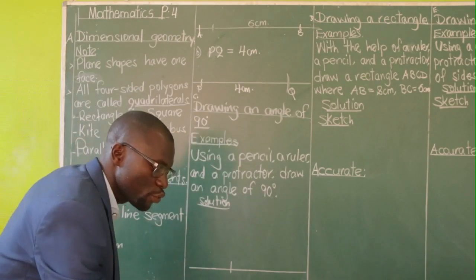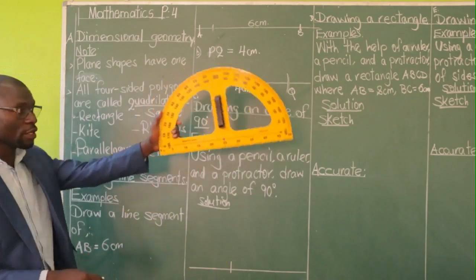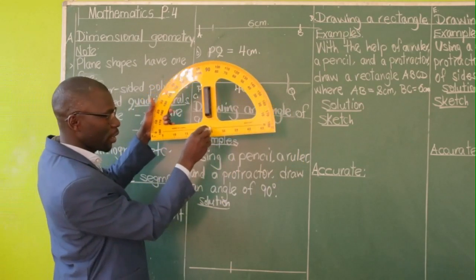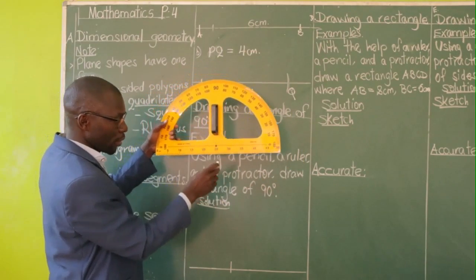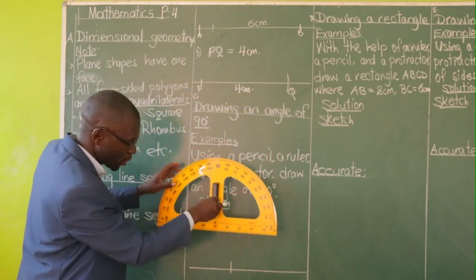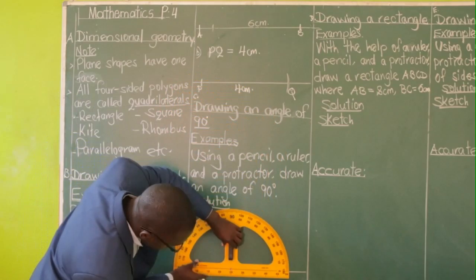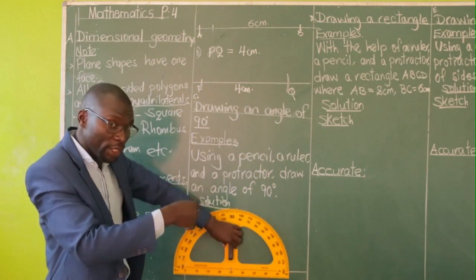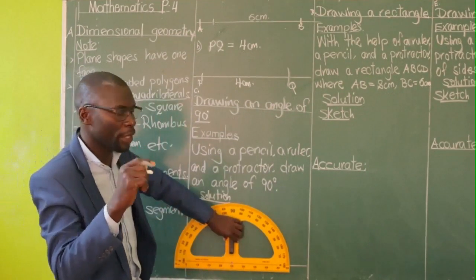Because we are going to draw, we shall not use a pair of compasses, we are going to use a protractor. So we are going to mark this point, where on your protractor there is that middle point. You put it at this line that you've drawn. Mine is there properly. And make sure that transparent line on your protractor is exactly on the line you have drawn using a very sharp pencil.